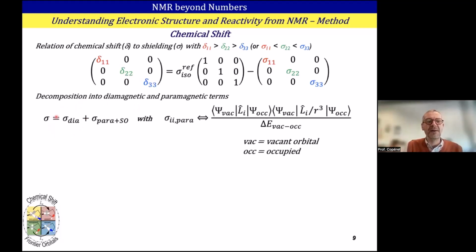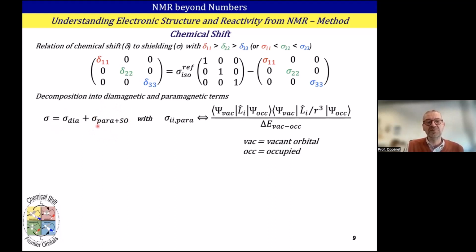A so-called diamagnetic part, which corresponds to an isotropic distribution of electrons around your nuclei, and this will be a shielding. This is mostly the core electrons as well as the deep valence electrons, while sigma para, which will give rise to this anisotropy in carbon-13 NMR and in any other nuclei, with the exception of proton and spin orbit coupling, and here I will discuss mostly the paramagnetic shift today.